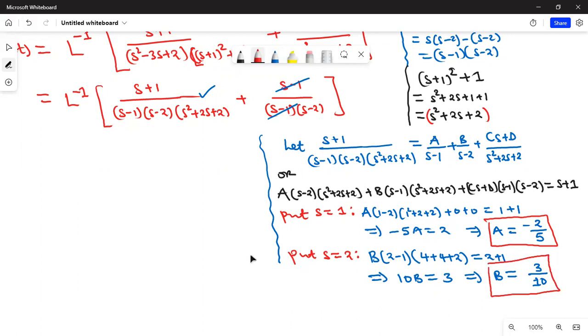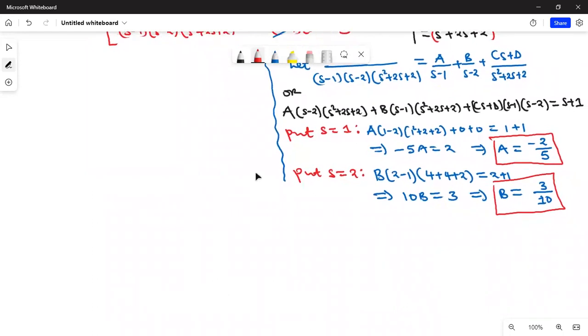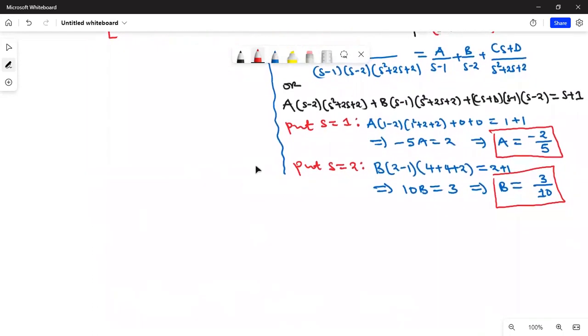So we proceed. Now, I also need to substitute any value. I can use even 0. So you can say put S is equal to 0. When I use 0, I'm going to get this one. Let me write it.